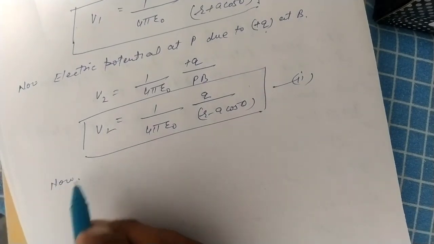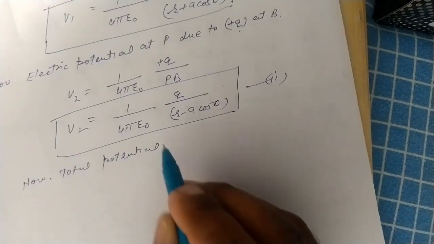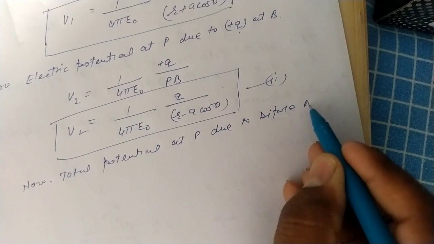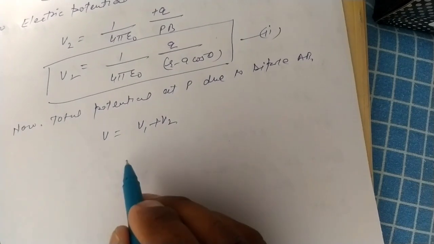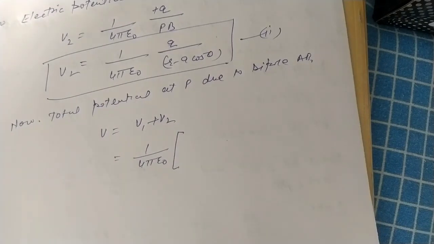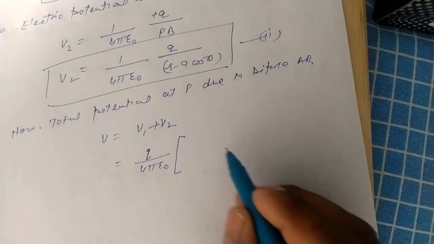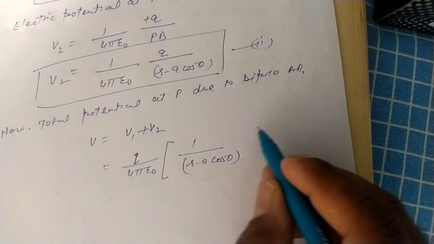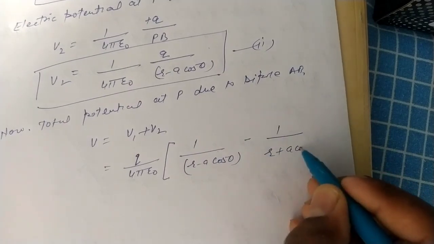Now the total potential at point P due to dipole AB is V is equal to V1 plus V2, and V1 is 1 upon 4 pi epsilon naught, and V2 is 1 upon 4 pi epsilon naught, and Q in both equations is common, and we can write 1 upon R minus A cos theta minus 1 upon R plus A cos theta.